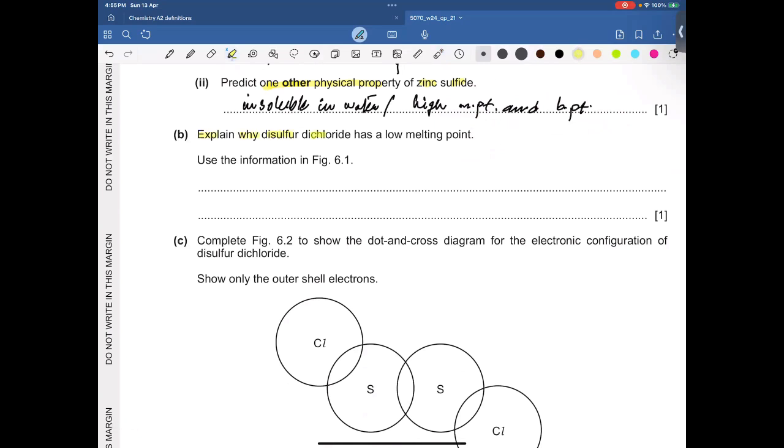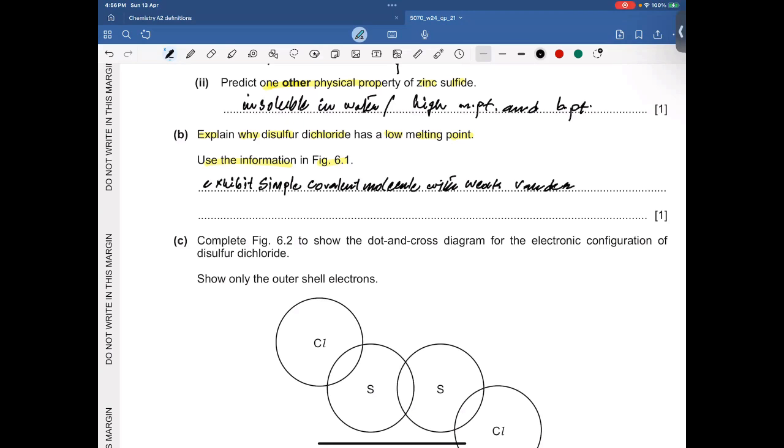Explain why disulfur dichloride has a low melting point. Use the information given in 6.1. By the way, disulfur dichloride exhibits a simple covalent molecule with weak van der Waals forces.